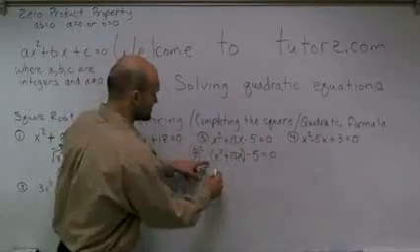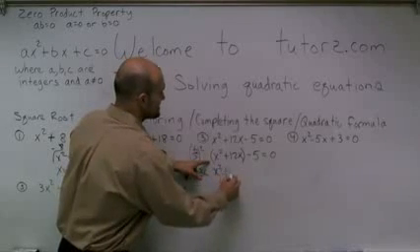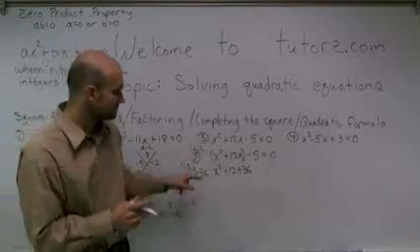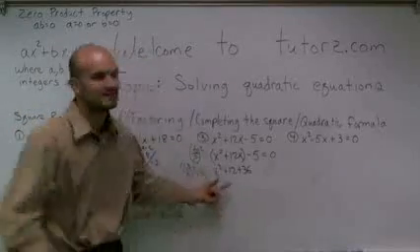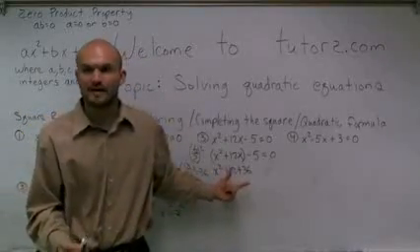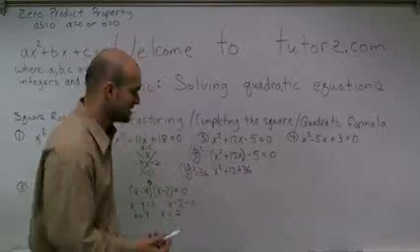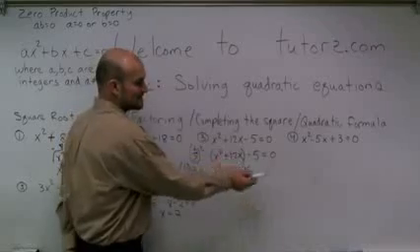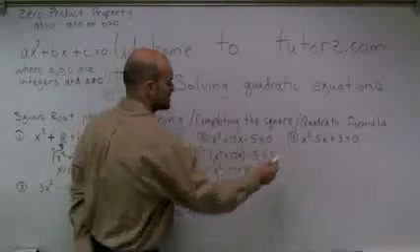I'm going to add this inside my parentheses, and the reason why is because now I've created a perfect square binomial, which I'll show you in just a second. So I'm going to add the 36 inside my parentheses, and then I'm also going to add it outside.